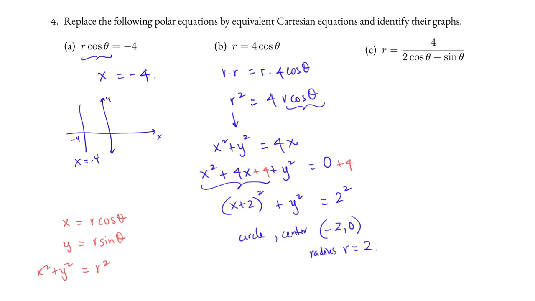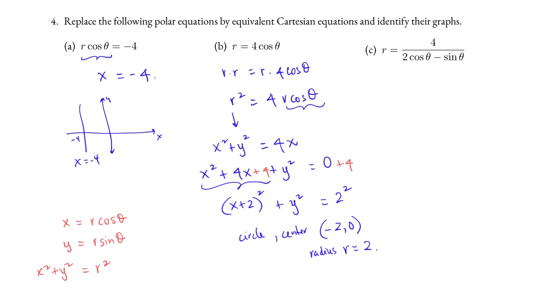With the purpose of changing polar equations to Cartesian equations, we want to have these factors show up. We want to have r cosine theta show up. We want to have r sine theta show up, and so on.